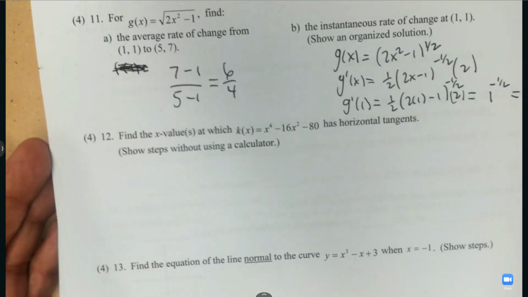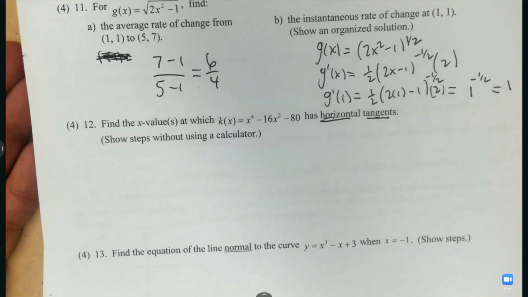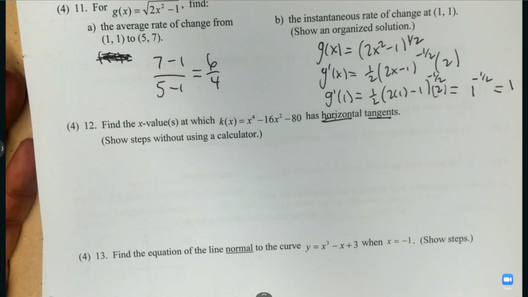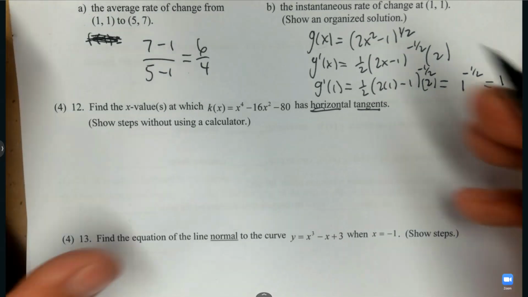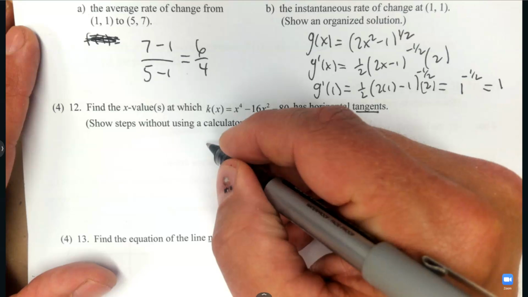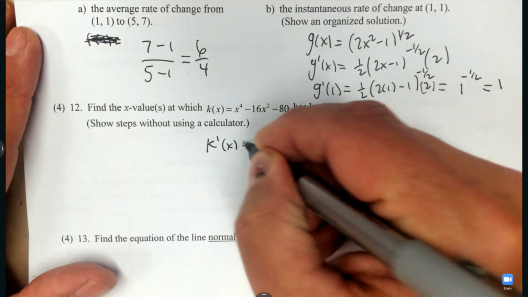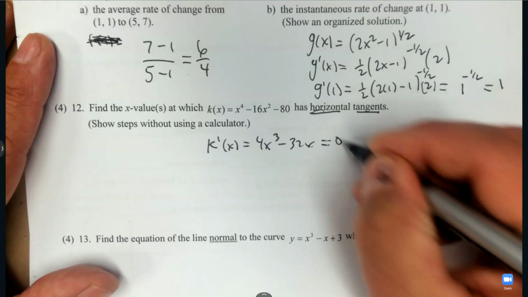All right, find the x values where we have horizontal tangents. I need to understand that tangent means slope, that's derivative, and the slope of a horizontal line is 0. So what it's asking is take the derivative. I can do that. That's 4x cubed minus 32x. Make it equal to 0.